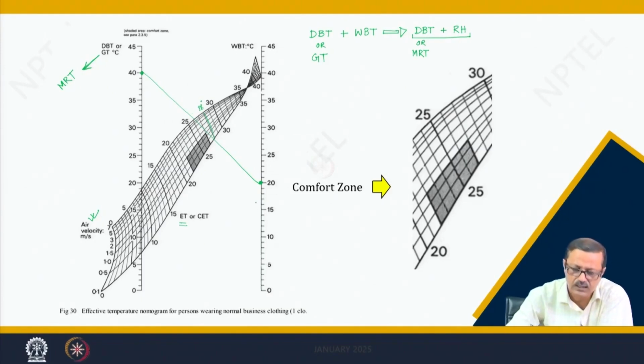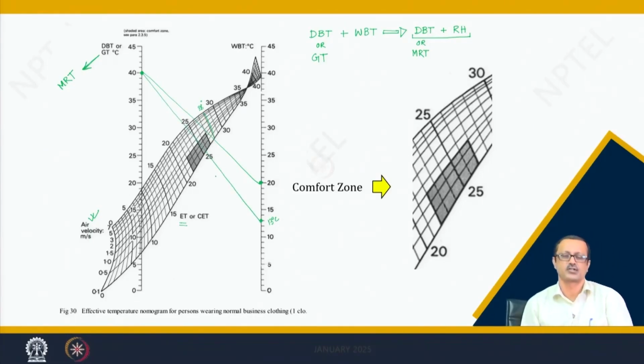Suppose this is maybe 13 degrees DBT. Then with the same combination I am passing through this particular dark color zone, which is a comfort zone, but this comfort zone will not be suitable for all combinations of the wind velocity or air velocity.